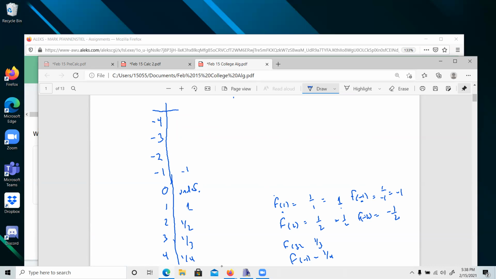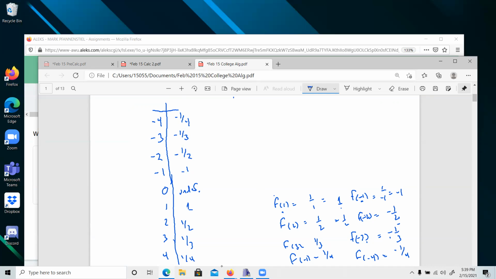So we put a -2 in instead of a positive, and we got a -1/2 instead of a positive 1/2. Same thing is going to happen for f of 3. If I put a -3, we get -1/3. So it's almost like if we put the negative in here, the negative comes out over there. And f of -4, we're going to have -1 over 4.